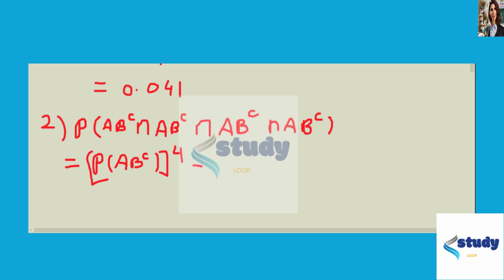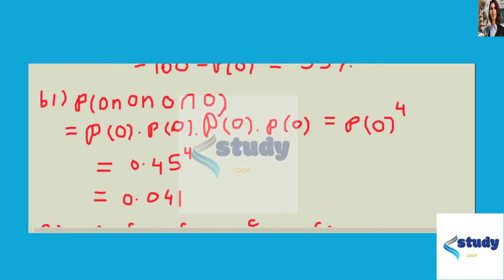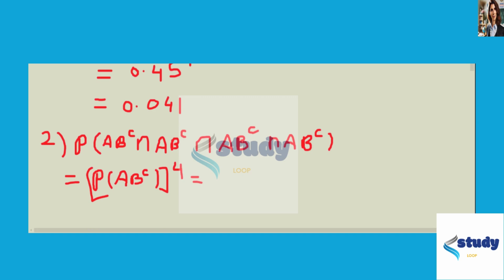So this is equal to, as the probability of AB is 0.04, by using complement rule, probability of AB complement is (1 minus 0.04) raised to 4.